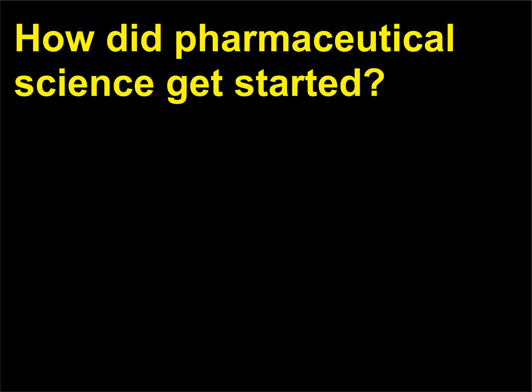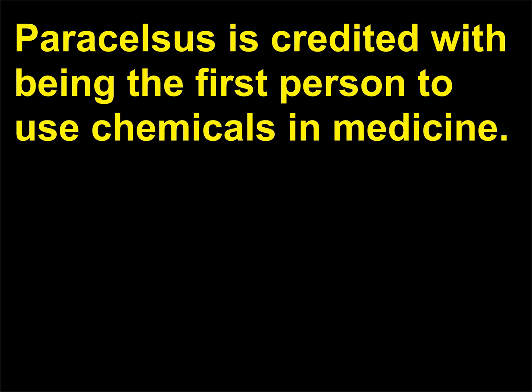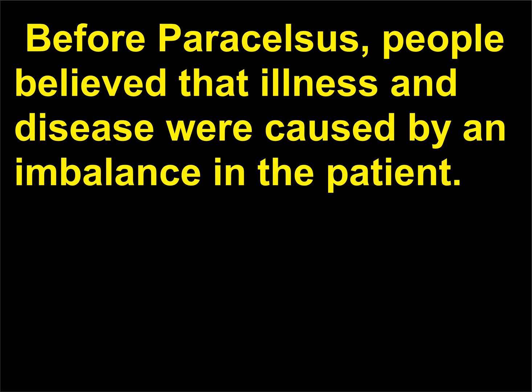How did pharmaceutical science get started? Paracelsus is credited with being the first person to use chemicals in medicine. Before Paracelsus, people believed that illness and disease were caused by an imbalance in the patient.